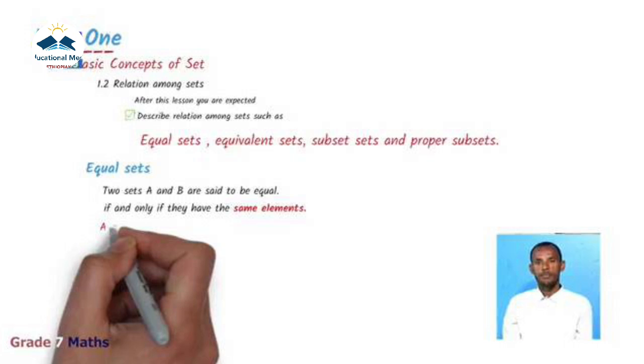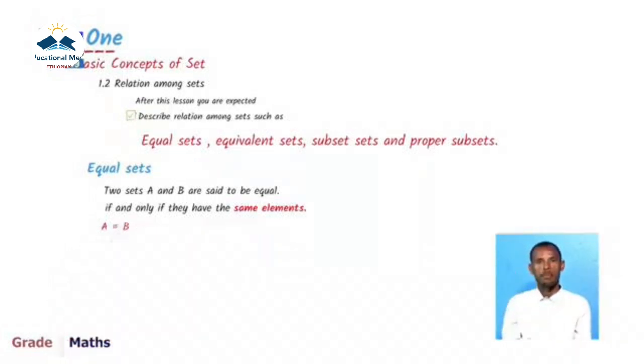So, if they are equal, symbolically we can write A is equal with B.